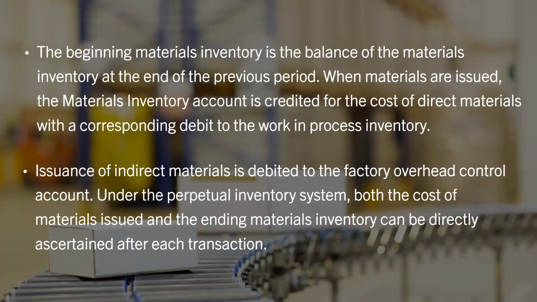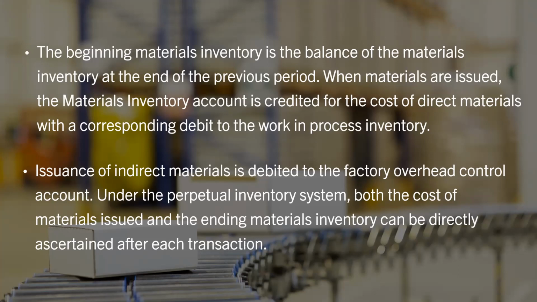When materials are issued under the perpetual system, when we issue materials to production, we immediately credit, or deduct, it from the materials inventory account. And when you credit the materials inventory account, we debit work in process, that is, when direct materials are issued.